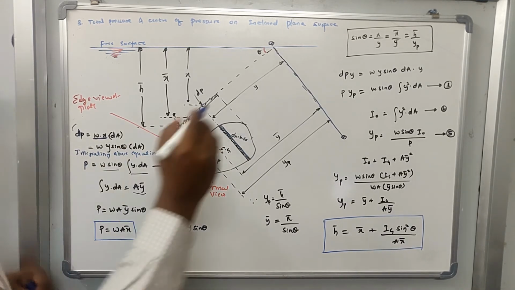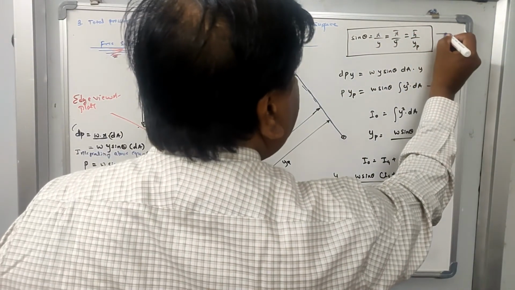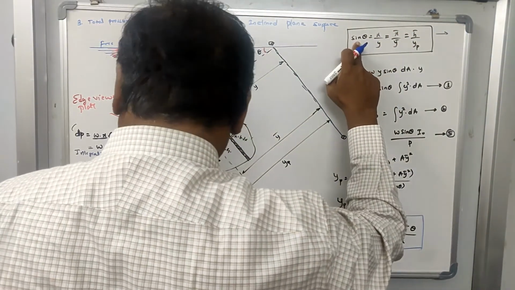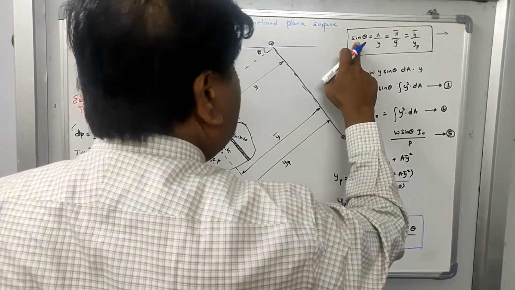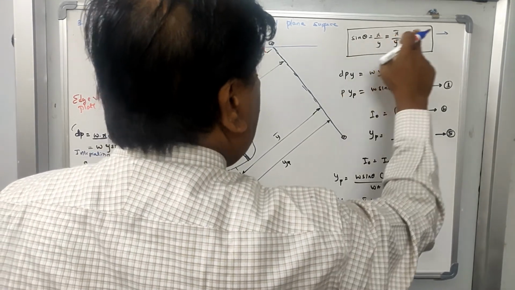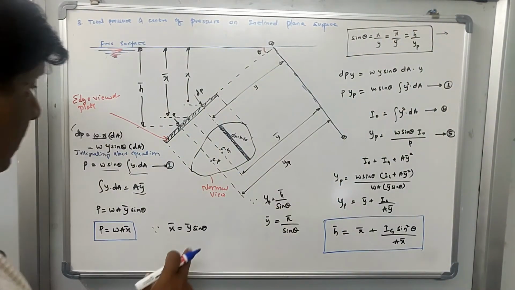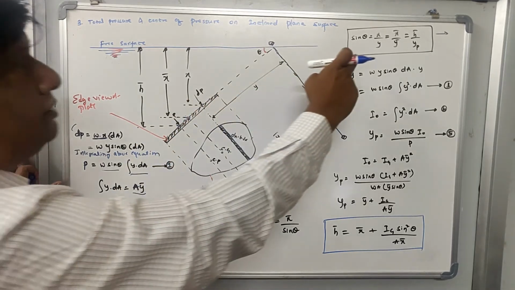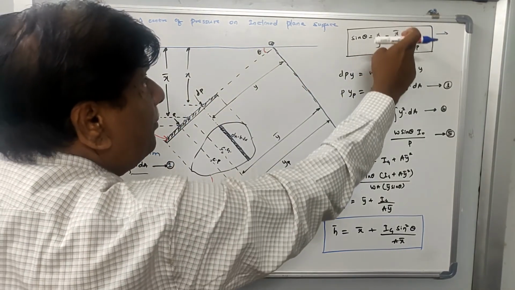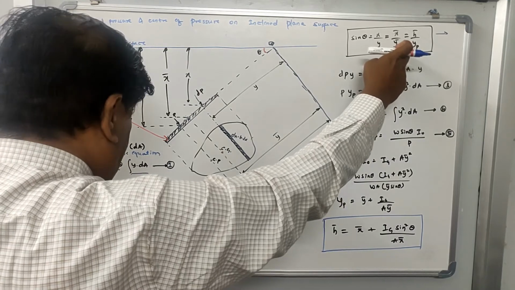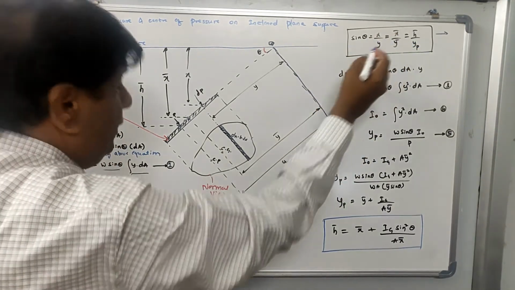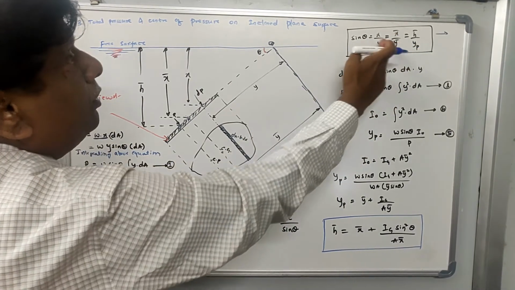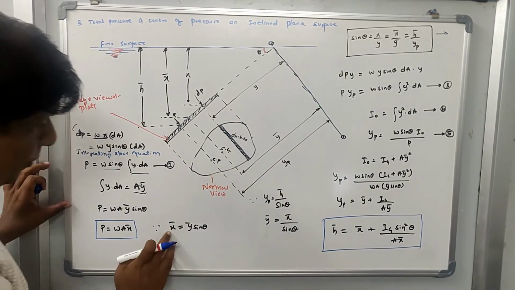Now from this relation, sin theta is equal to x bar by y bar, so x bar is equal to y bar sin theta.